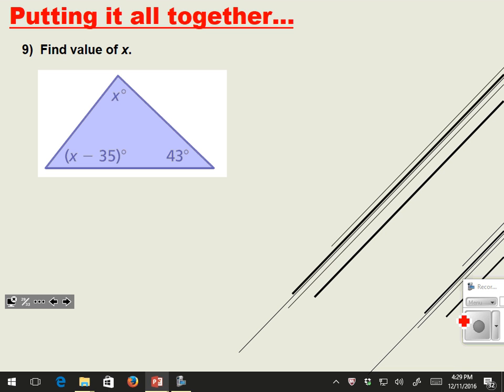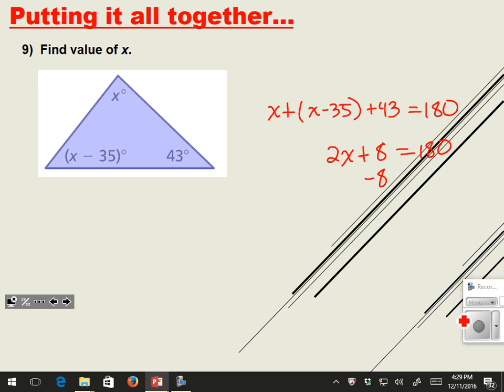All the angles add up to 180. So X plus X minus 35 plus 43 equals 180. Simplify all the left side. I will get 2X plus 8, because negative 35 plus 43 is positive 8, equals 180.